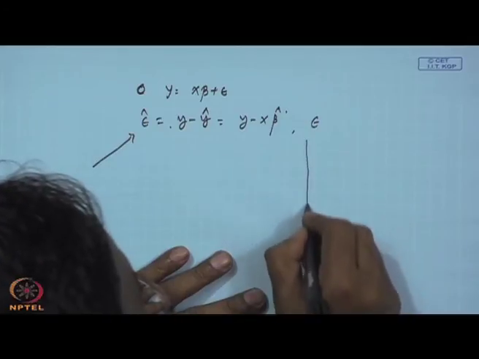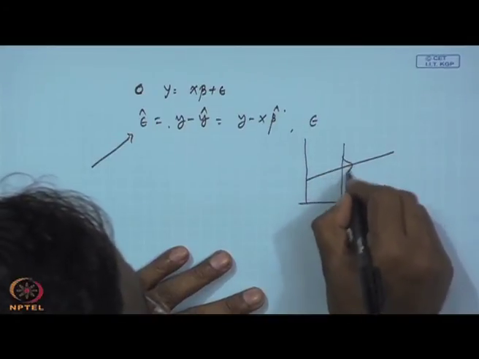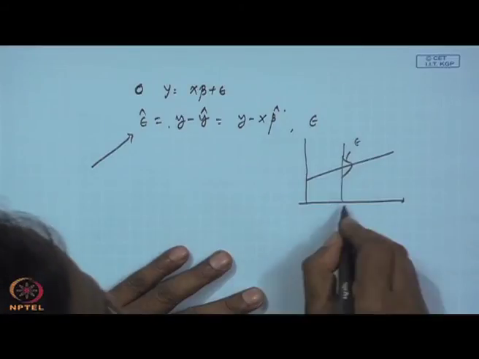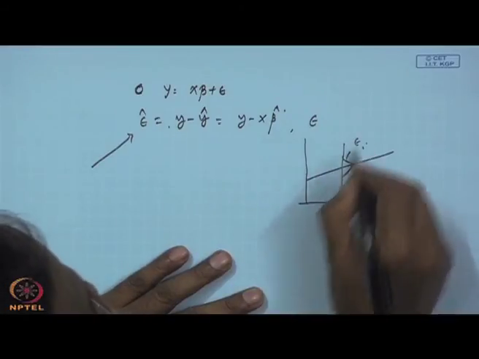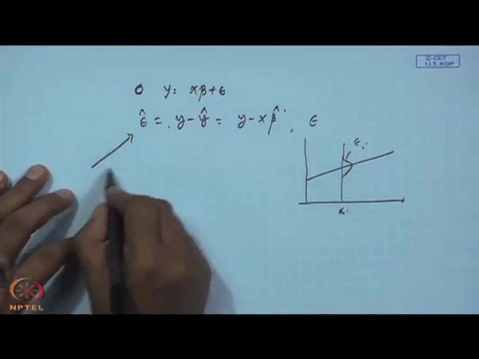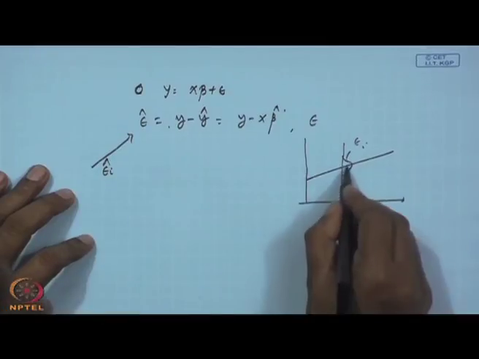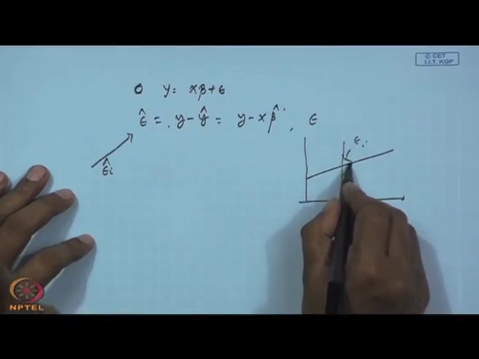When we define it in the population domain, we say this is epsilon. If it is xi, then epsilon I has this distribution. Now, you are finding epsilon I cap for this case. Okay.